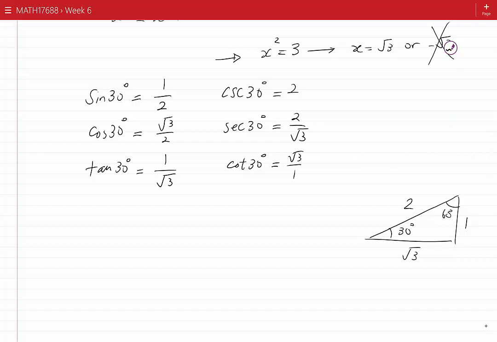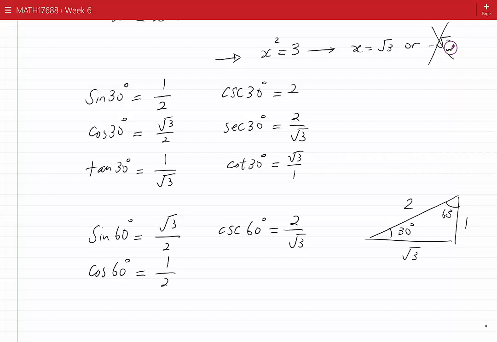Sine of 60 degrees is equal to the opposite to 60 degrees, which is root 3, divided by hypotenuse. Therefore, the cosecant of 60 degrees is 2 over root 3. Cosine of 60 degrees is the adjacent to 60 degrees divided by the hypotenuse.